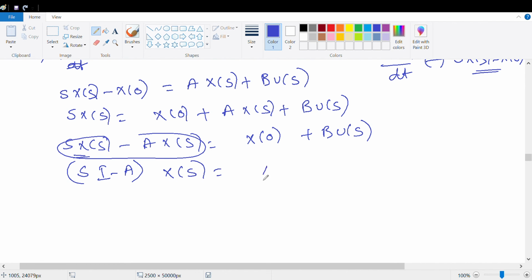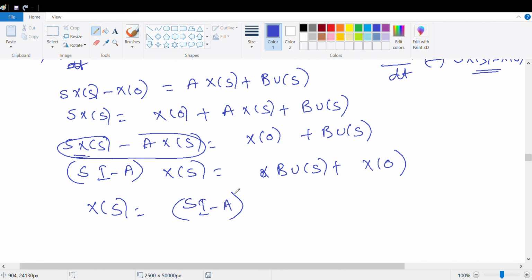Now sI minus a, I need to take common here, x of s out of these two, equals b into u of s plus x of 0, and therefore x of s equals sI minus a whole inverse. If it goes there, it will come in denominator. So if it goes up, it becomes inverse: x of s equals sI minus a inverse into b u of s plus sI minus a inverse into x of 0.